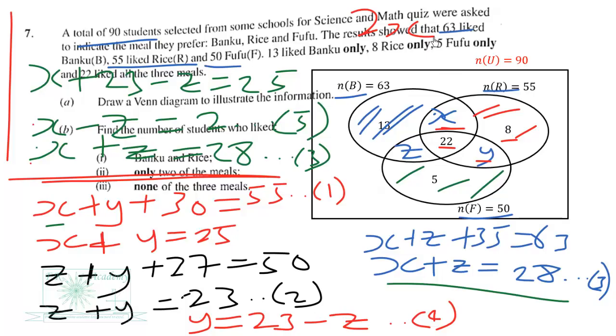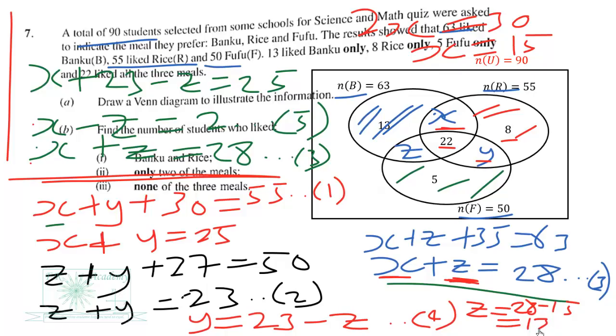Then 2 plus 28 will be 30. So obviously, when we divide through by 2, we get x to be 15. If x is 15, then we can substitute 15 here to find z. So z will be equal to 28 minus 15, and that will be equal to 13.